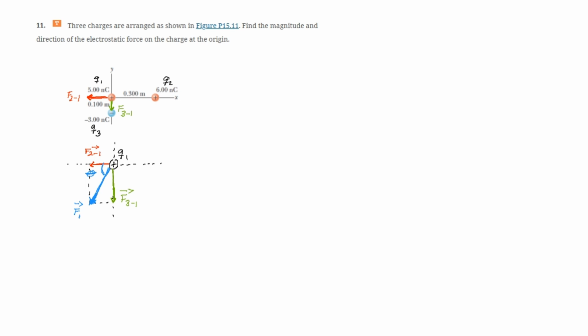So let's start with the calculations. In this case, we're going to be using the superposition principle. So I would say that the force that 2 exerts on 1 is equal to the Coulomb constant times the absolute value of Q sub 1, absolute value of Q sub 2, over the distance from 1 to 2 squared.